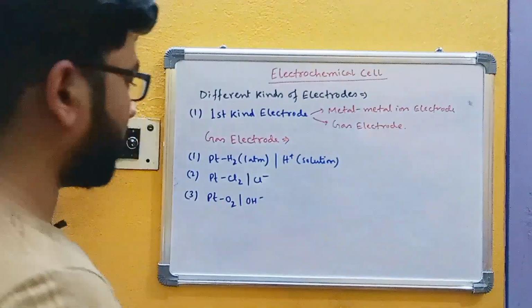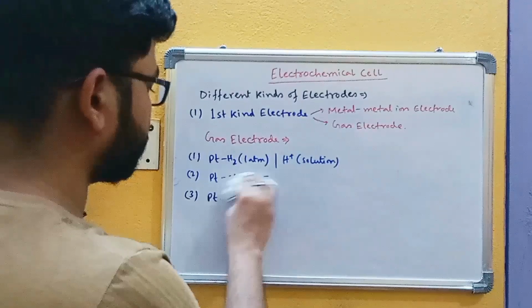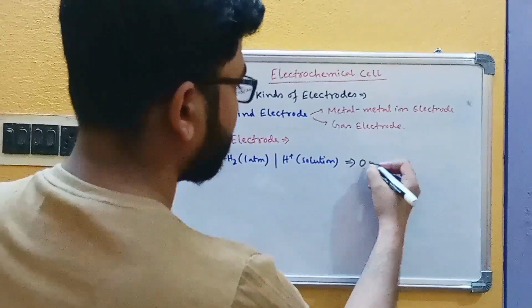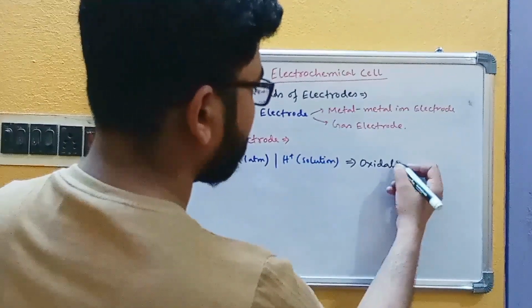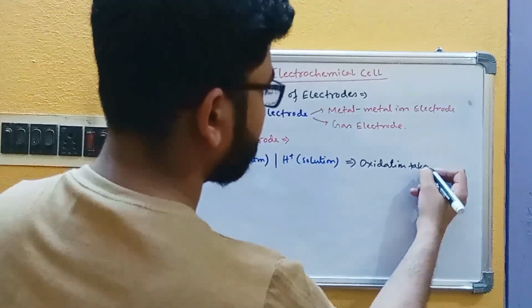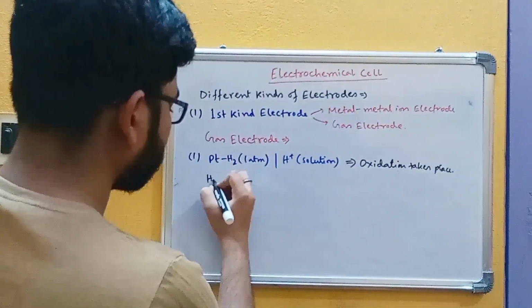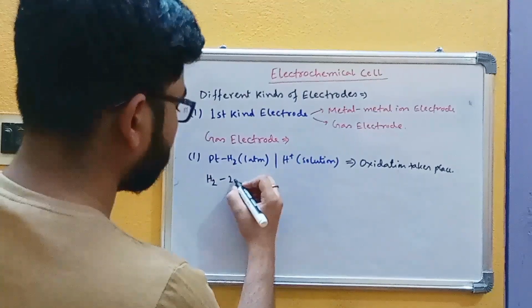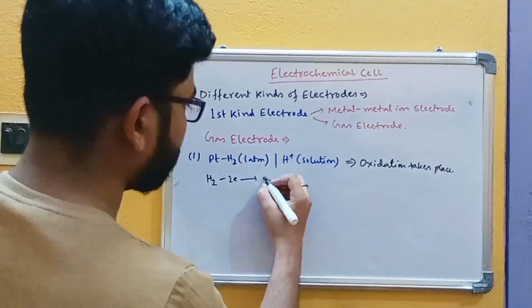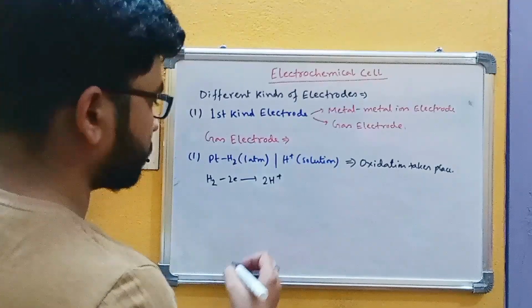Now we will write the half cell reactions. Here oxidation takes place because this is hydrogen and this hydrogen loses 2 electrons to form 2 protons.